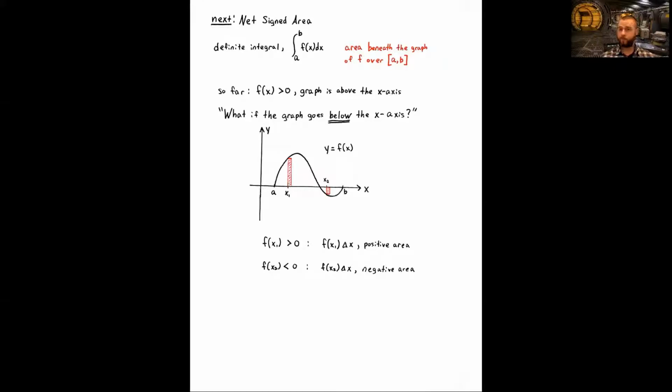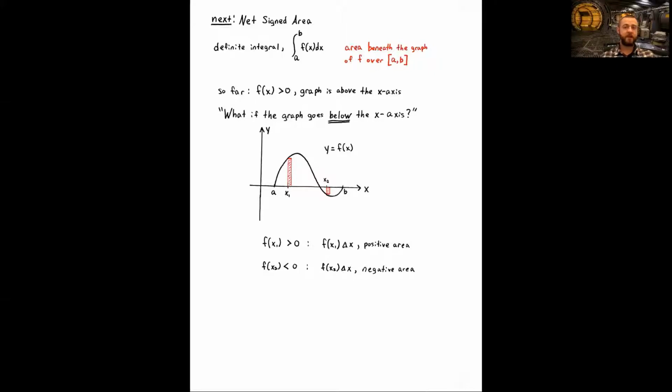And we know when defining integrals and approximations with rectangles, the function value is what determines the height. So we can see those two representative rectangles. One gives a positive area since the rectangle is above the x-axis. The one on the right that goes below has negative area since the function value is negative.